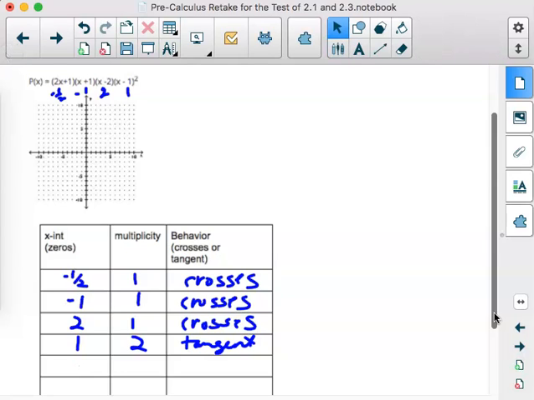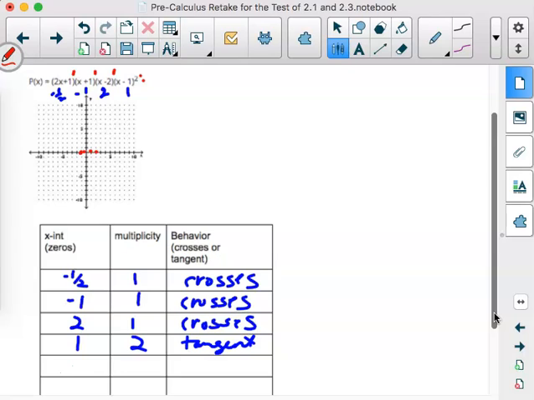So we know at -1/2 it's going to cross. At -1, it's going to cross. At 2, it's going to cross. And at 1, it's going to bounce. So there it is. We also know 1, 2, 3, 4, 5: power of 5.